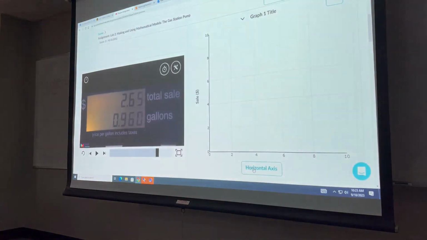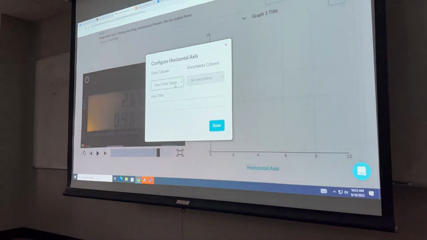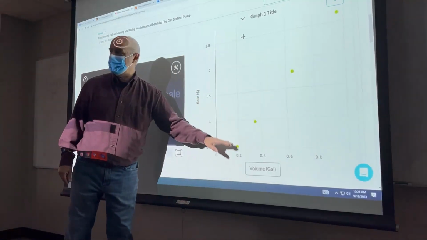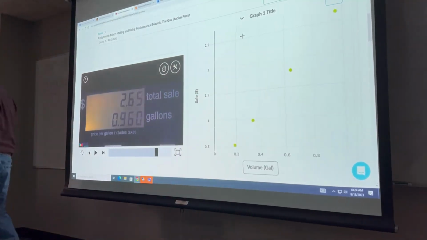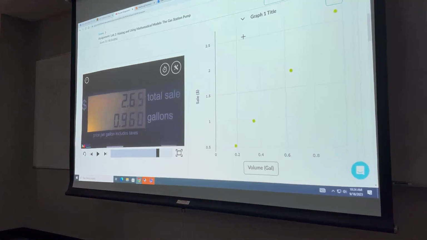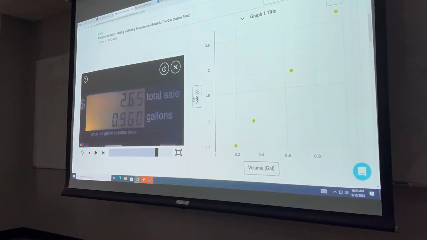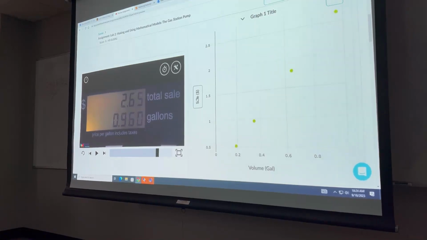And then click on the horizontal volume and put volume and see what happens. And we get that type of graph. Now the beauty of this is that I can actually switch the two. At this point, we haven't determined which one is the dependent and which one is the independent variable. If we just change them, let's see what happens to the graph.